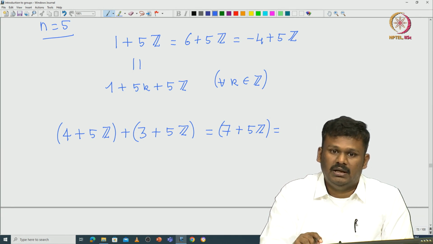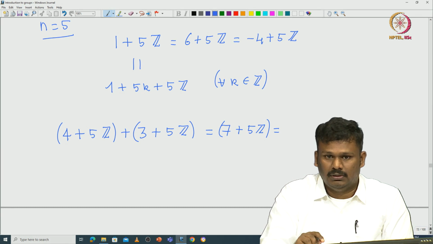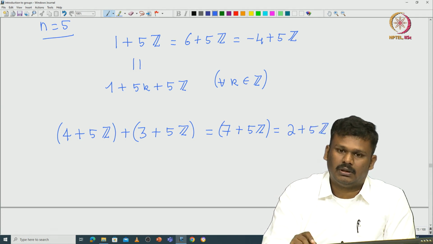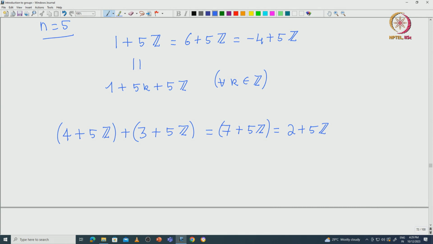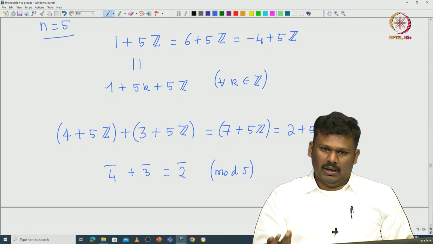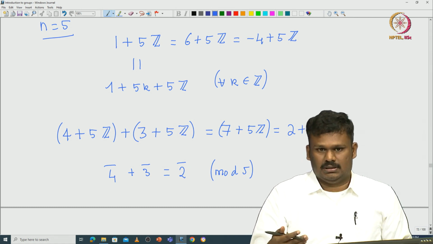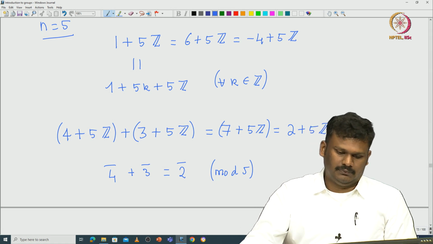So, if you divide 7 by 5, what will be the remainder? The remainder will be 2. So, you just write 2 plus 5Z. That is what you always write: 4 bar plus 3 bar is the same as 2 bar modulo 5. So, this is another way of symbolically writing. You take remainder 4 plus remainder 3, when you add you get 7, but of course, you need to only consider the remainder. So, that is 2.